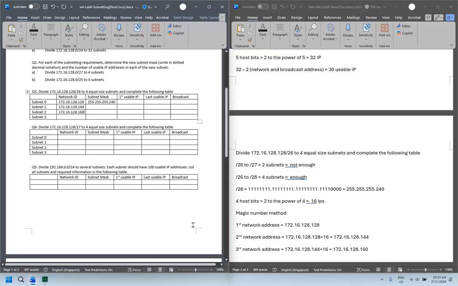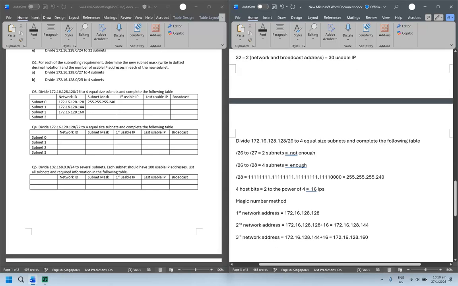Similarly, the fourth subnet network address will be 172.16.128.160 plus 16, which equals 172.16.128.176. Yes, 176. So I will have the fourth network address.